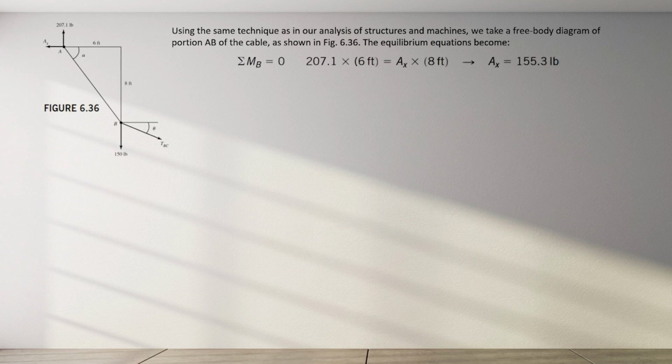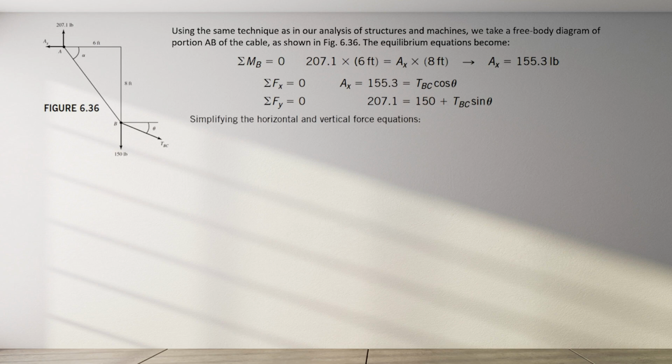We apply the equilibrium equation to that portion. We know that there is tension in member BC, and if we take a moment around B, we will be able to find the value for AX as 155.3 pounds. Applying equilibrium equations, summation of x forces equal to 0 and summation of y forces equal to 0, we simplify the horizontal and vertical force equations to find TBC times sine theta equals 57.1, and TBC times cosine theta equals 155.3.